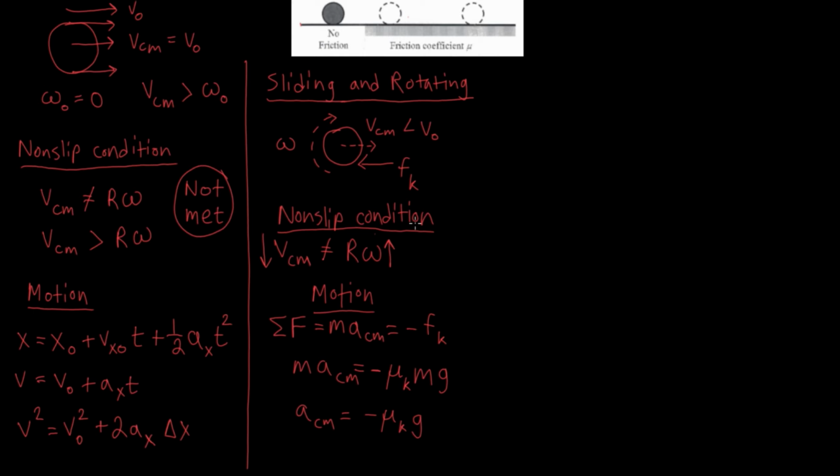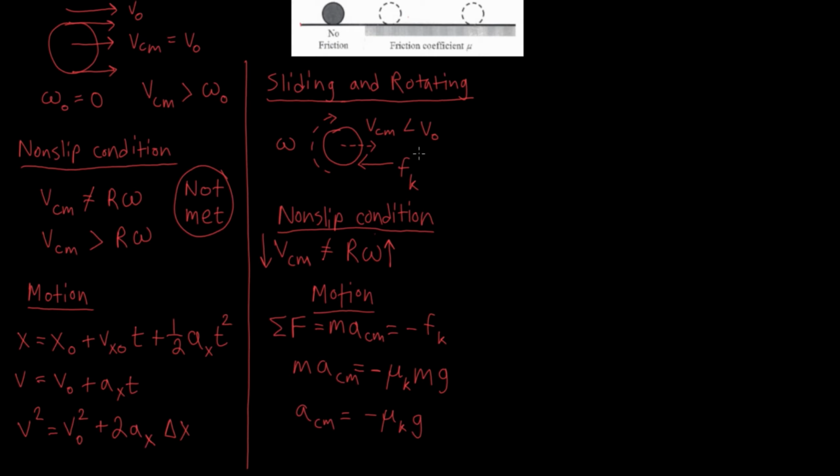And so that's why the acceleration of the center of mass is negative, because the velocity of the center of mass is decreasing as the object goes from sliding only to sliding and rotating because of the frictional force. The force of kinetic friction is the force that's opposing the velocity of the center of mass.